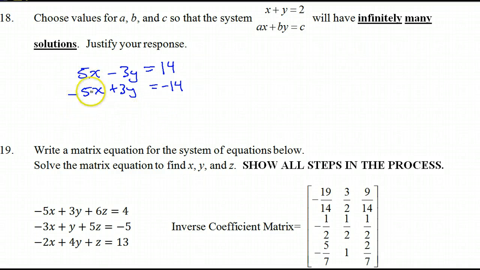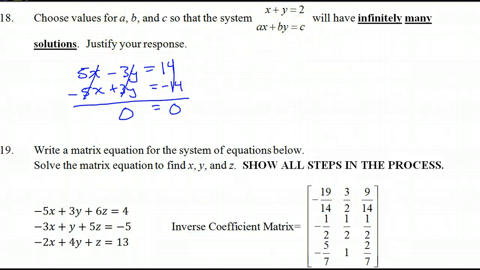All right, I'm thinking of the elimination method. If at any point we saw these two equations as we were trying to make opposites that cancel, these would cancel and these would cancel, which would give me 0, but also these would cancel, which would give me another 0. So that's when you get your 0 equals 0, and that would be infinitely many. So that's the type of thing that we're shooting for. This is what you should be picturing in your mind when you look at this problem.